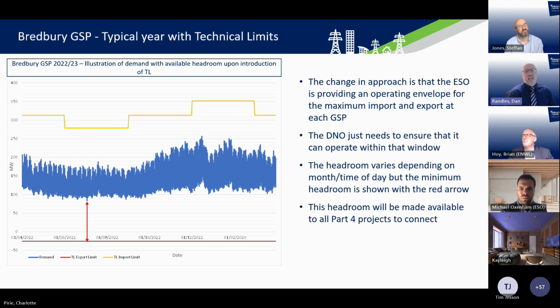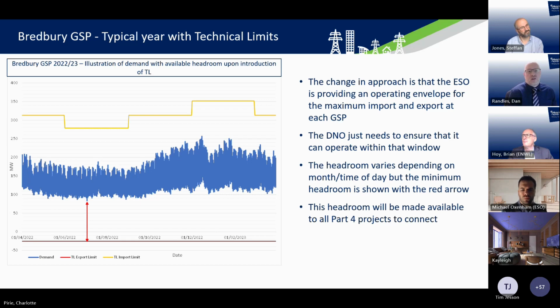But what you can see on this illustration is that there's quite a sizable amount of capacity headroom available between the current minimum demand at this particular GSP and the minimum power flows that are available at that GSP. So that headroom is what would be potentially available to customers that are currently sat in Part 4.